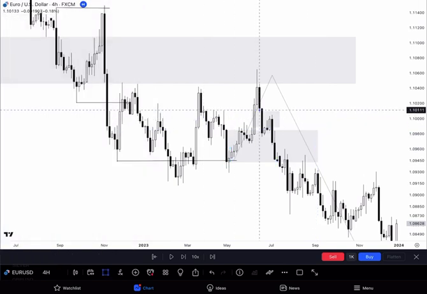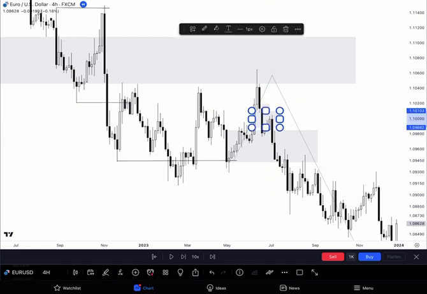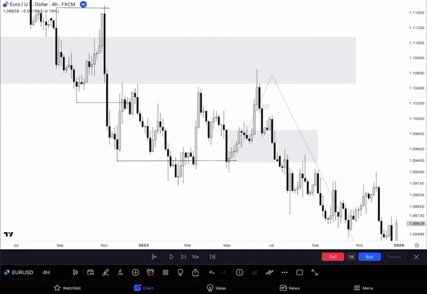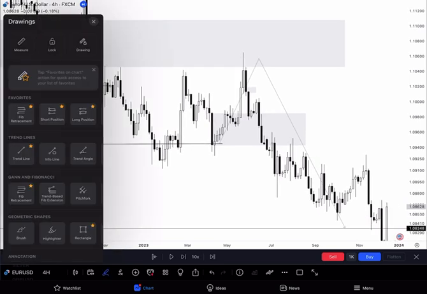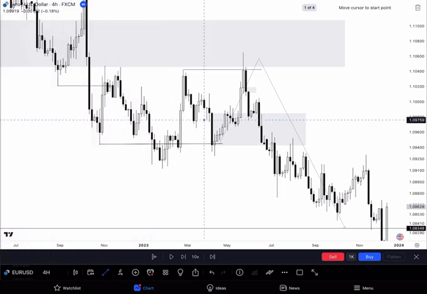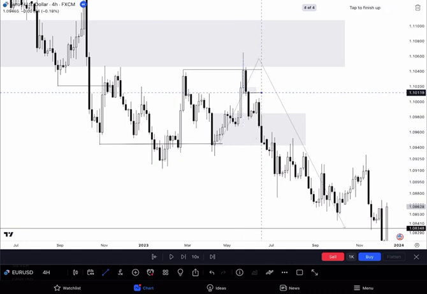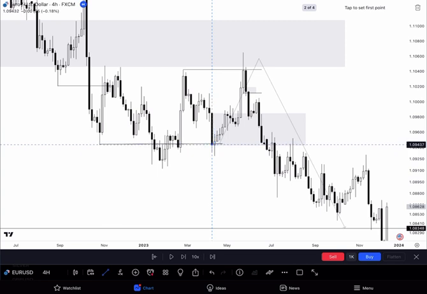So in order to not be messy, we can go back to the good old sequence, which is entry 1, turtle soup, entry 2, order block / FVG, and entry 3 is a breaker.